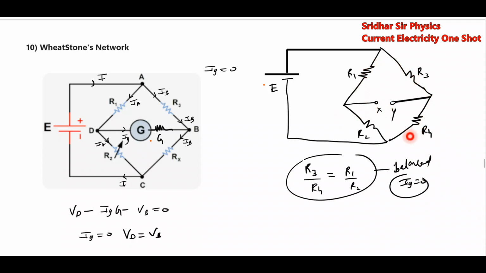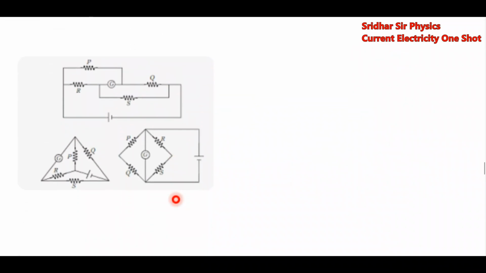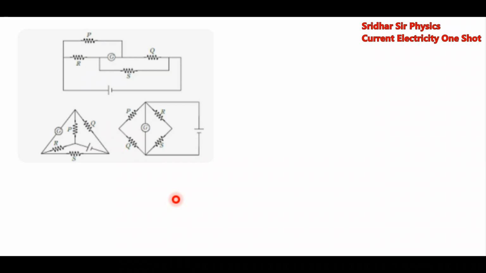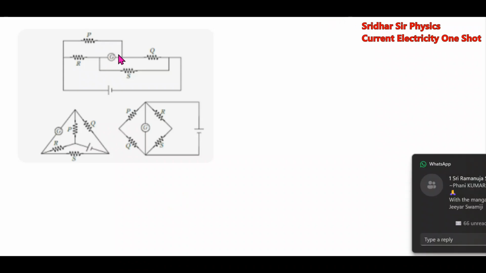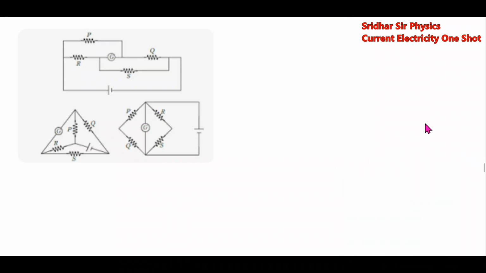Then there will appear simple series parallel. The current will flow here, the current will flow here. All these are examples of Wheatstone network. When you can remove this galvanometer: if the ratio of these two arms, P by Q, is equal to R by S, then we can remove the particular galvanometer.